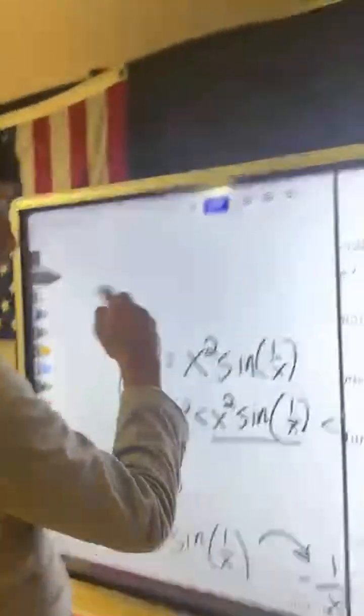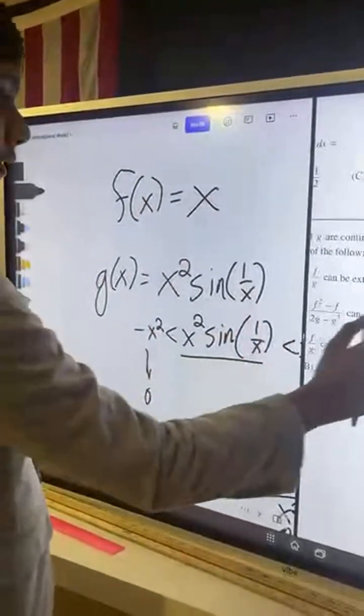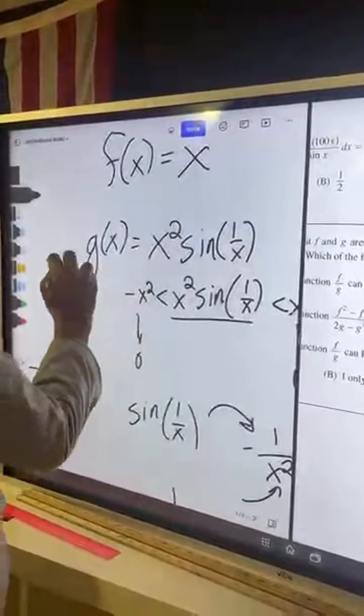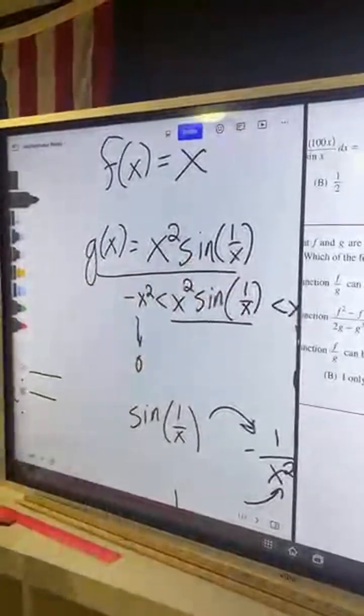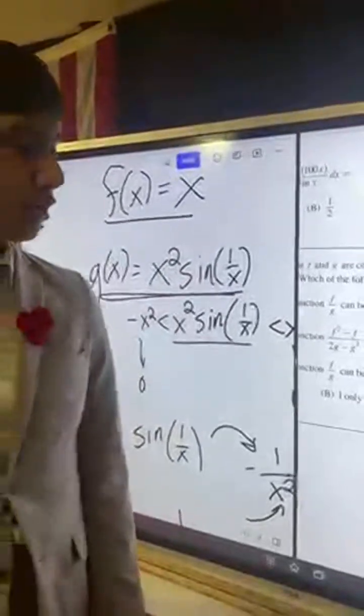Now, all you need to do is let f of x be something simple, like x. Now, what we have is g prime of x is definitely not equal to 0 at 0, but g of x is equal to 0 at 0, and f of x is equal to 0 at 0. Which means that if we divide them, or in fact, we should actually switch them around, if we divide one by the other, we get x sine of 1 over x.